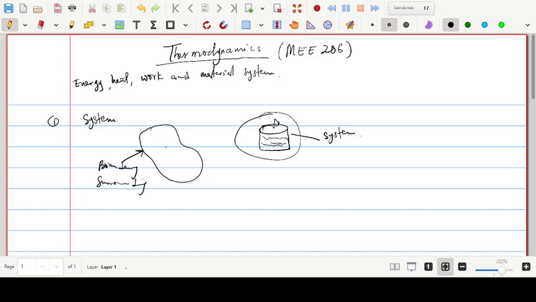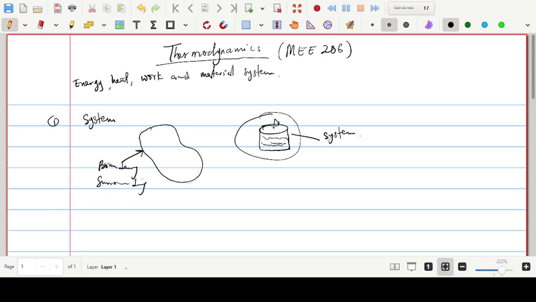So the whole of everything is regarded as the system. Now another thing we must distinguish is control volume. And before I move on, anything outside the system is regarded as the environment or the surrounding.